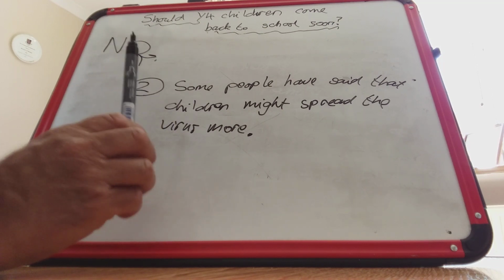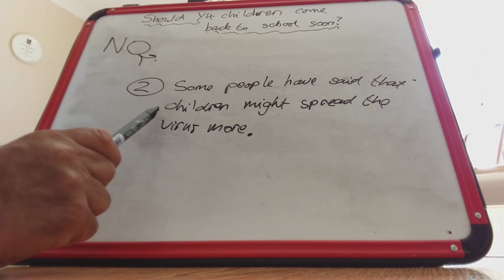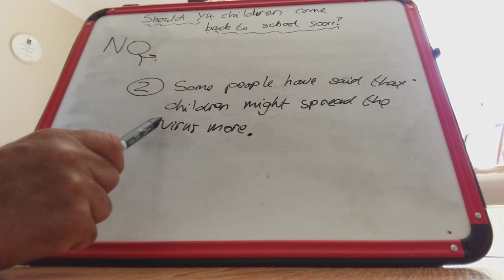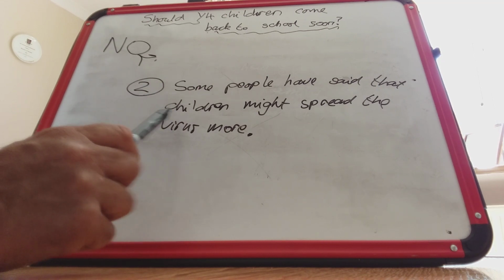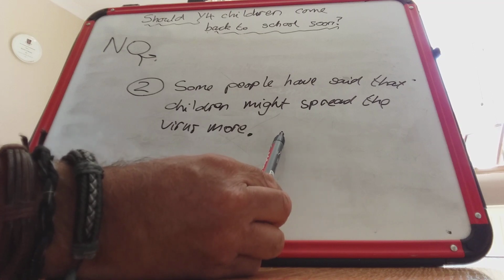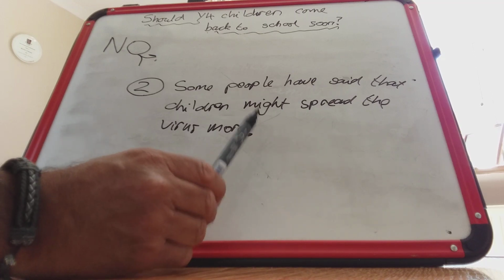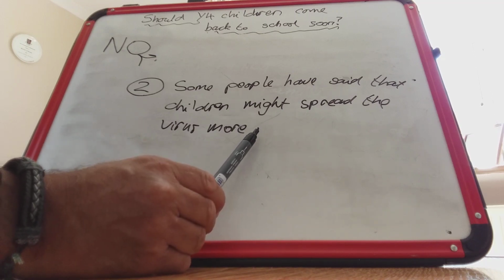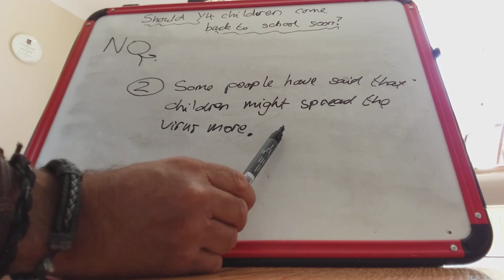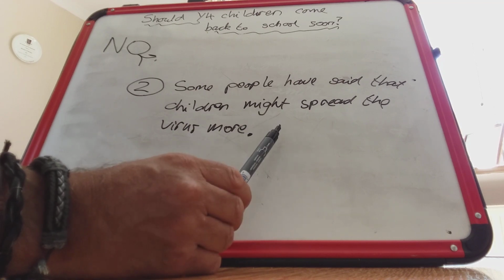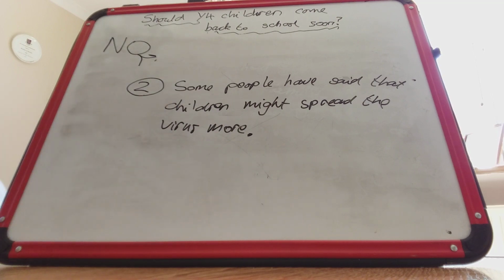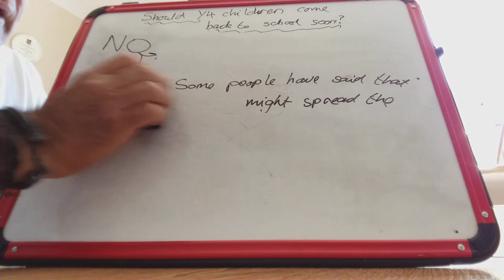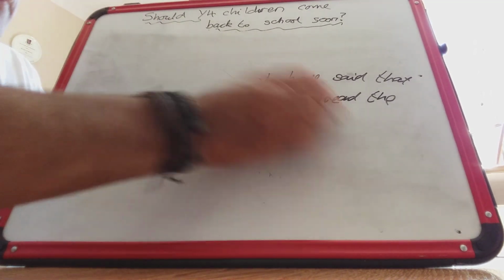So if you do choose this as your reason, then what I want you to do is to explain in more detail how it is that children could spread the virus even more. Okay? Right, so that's the 2 paragraphs.